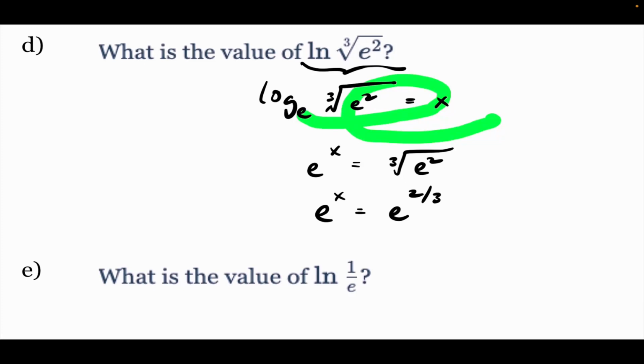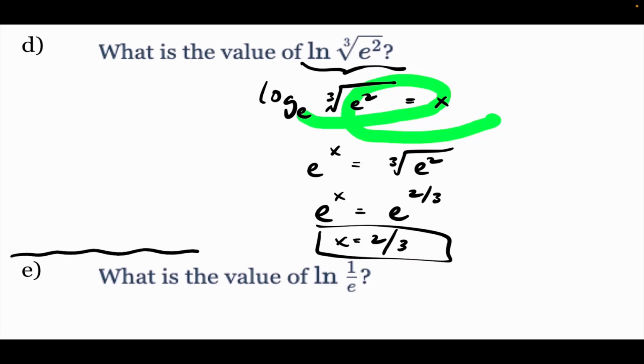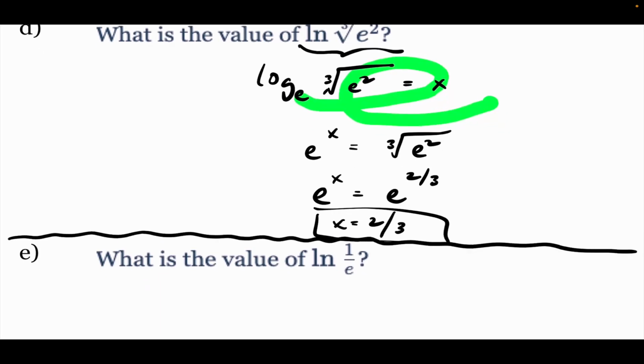Because it has a power of 2 and a root of 3. That's why we give it a fraction. If it has both, it gets a fraction. Now, what's the missing power? 2/3. Okay.